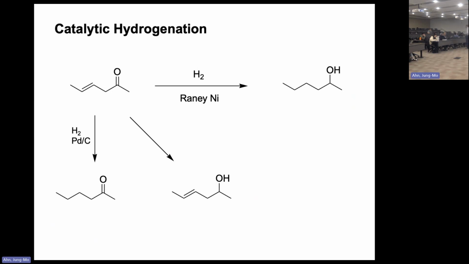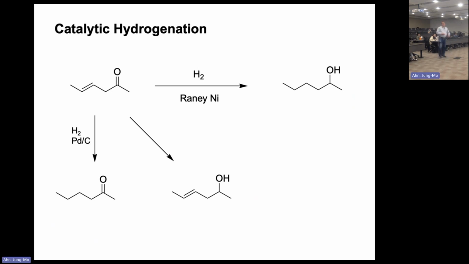Palladium somehow has a higher reactivity with the double bonds compared to the carbonyl. So if you want to just reduce the carbon-carbon double bonds without touching this carbonyl, then palladium would be a good choice. If you want to reduce both of them, sure, nickel definitely is something you can do. But what if you only want to reduce this carbonyl, not touching that? Then what would you use?